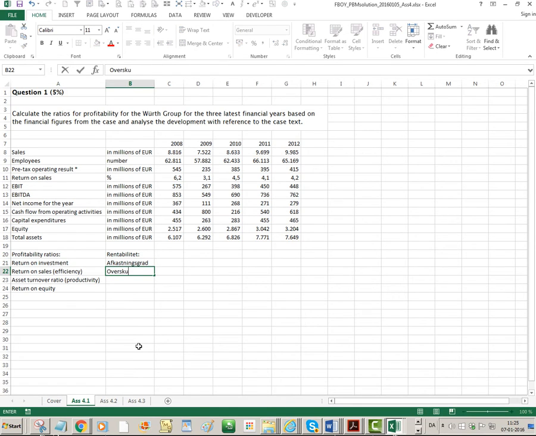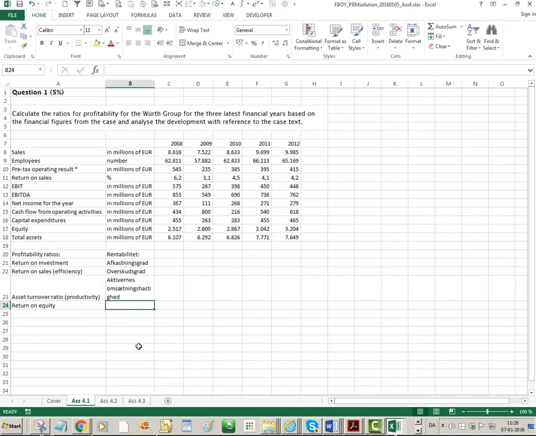Overskudsgrad, aktivernes omsætningshastighed, og egenkapitalens forrentning.